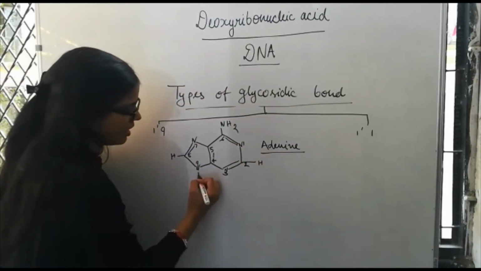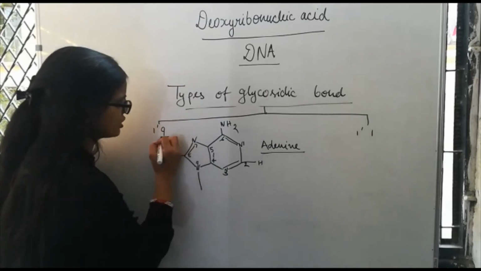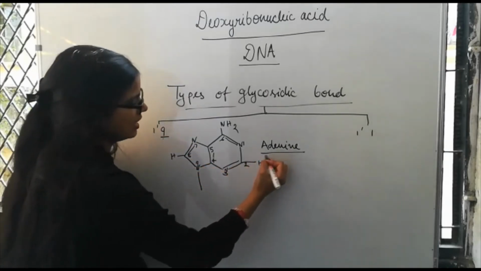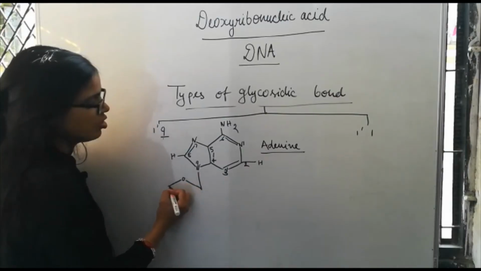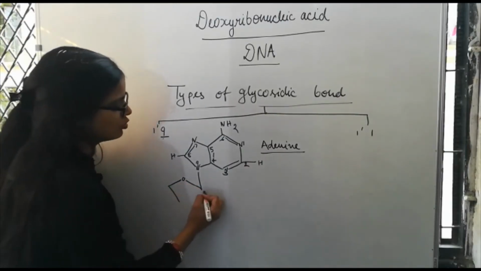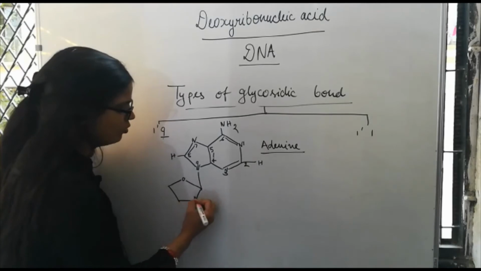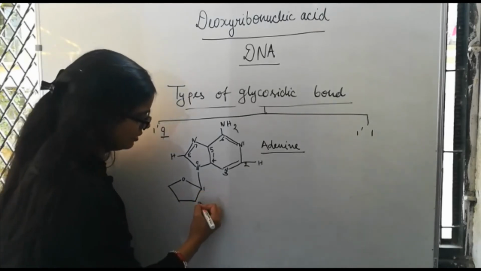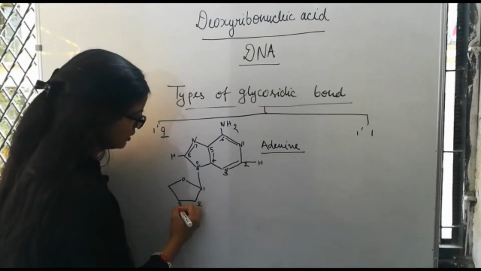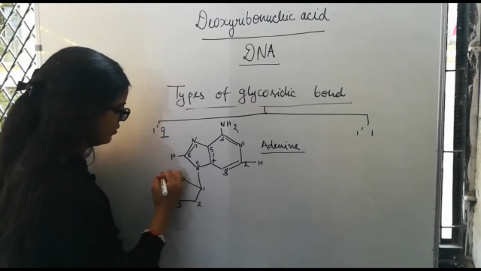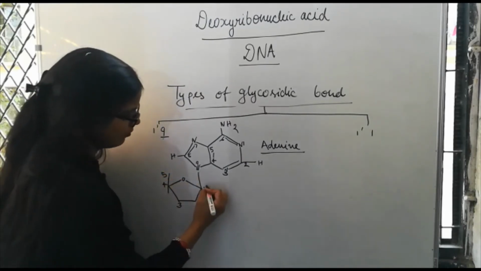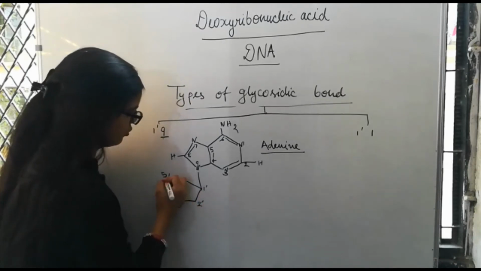At the 9th position of adenine is the 1-9 glycosidic bond. Deoxyribose sugar is a pentose sugar, so it is a 5 carbon compound: 1', 2', 3', 4' and 5'.